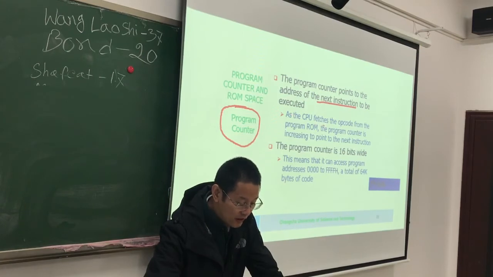As the CPU fetches the opcode from the program zone, the program counter is increasing to point to the next instruction. The program counter is 16 bits wide. This means it can access the program address from 0000 to FFFF, a total of 64 kilobytes of code.